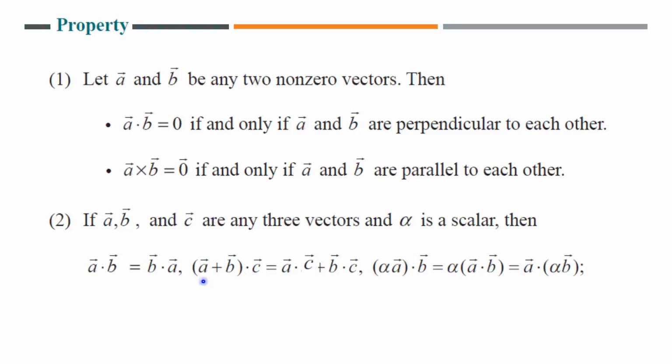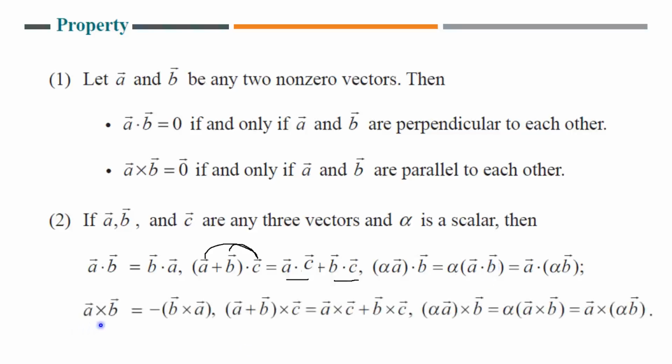That is, a vector plus b vector dot c vector is equal to a vector dot c vector plus b vector dot c vector. Similarly, alpha into a vector. Here alpha is a scalar, meaning some constant value. If any vector is multiplied with a constant value, either a vector or b vector, we can write that as alpha into a vector dot b vector.